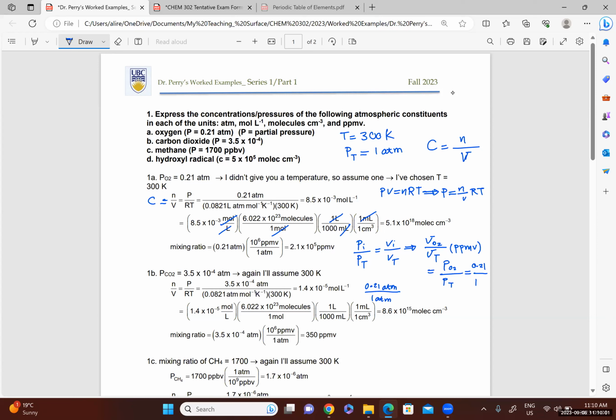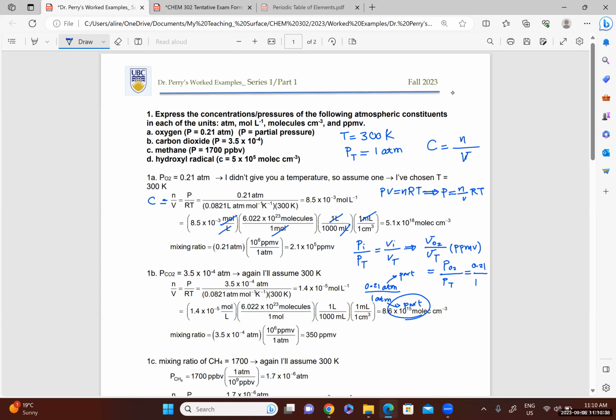Okay, so if I just use these two values and then divide them by each other and then report it as the value for ppmv, then what I have here, look, I have 1 part of that unit, which is 1 atmosphere, over 1 part. I can't really use this ratio as ppmv, because ppmv, or ppm, means parts per million parts, 1 million parts.